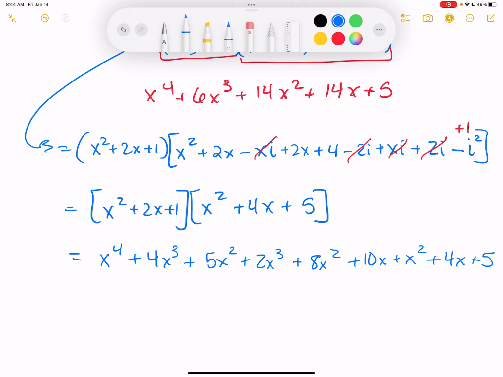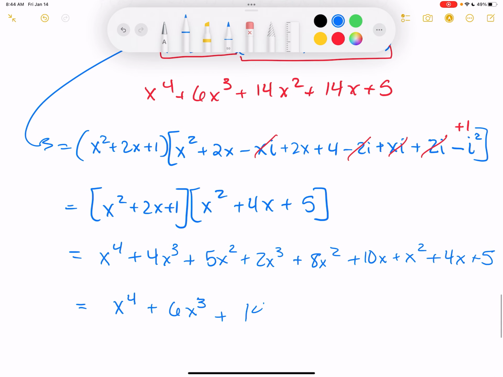So then x to the 4th plus 6x cubed plus 14x squared plus 14x... I was trying to find all the things and I skipped over the 10x plus 5. That makes sense. I just didn't multiply it. I did negative i squared as negative 1 instead of positive 1. So that makes me mad.